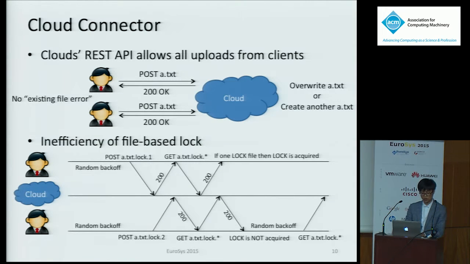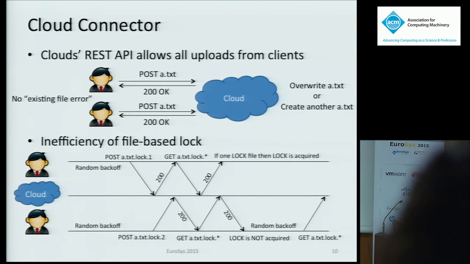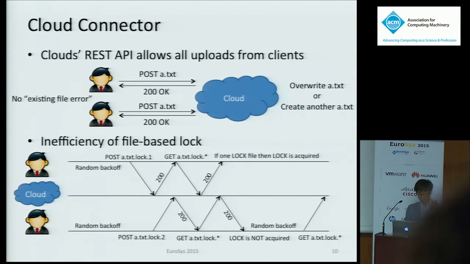In this situation, we decided that implementing atomic operations using HTTP RESTful APIs is not the best solution. We also found that file-based locking is inefficient. This is similar to the Wi-Fi congestion avoidance scheme. This does not provide or guarantee fairness or scheduling, etc. So this needs random backoff and several additional requests to check lock files.